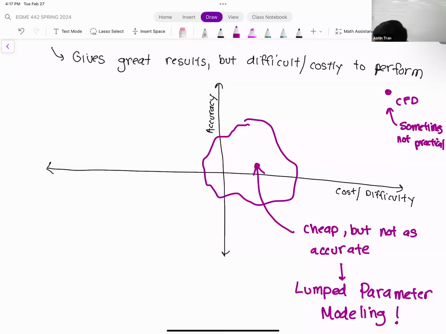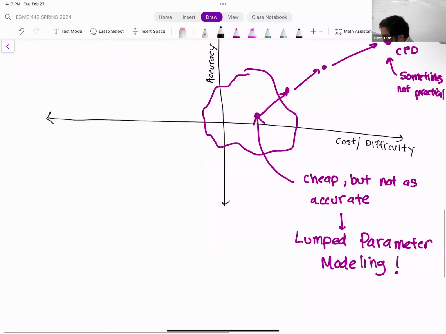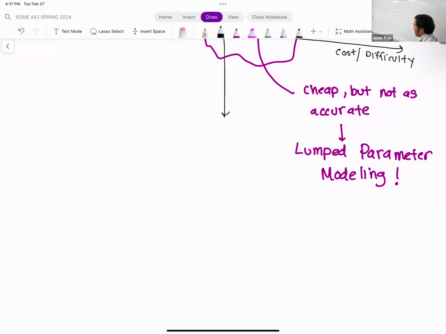We're going to go from lump parameter modeling to rigid pulsatile flow modeling, like the Womersley profile, to deformable wall modeling. These are all 2D. And eventually we're going to reach our way up to CFD. So it's almost like a roadmap up to CFD, which is the crown jewel of this class.